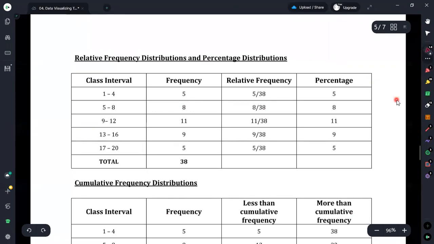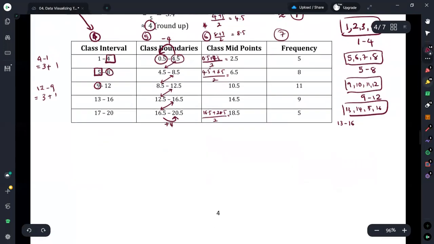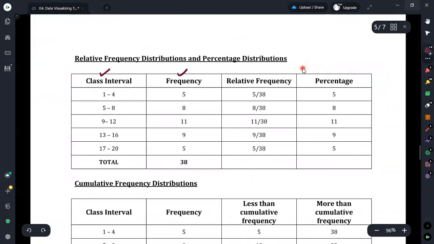Up to obtaining the class intervals and the frequencies, it will be the same as previous. You need to follow the procedures that we have discussed. Once you have finalized the table with the class intervals along with the frequencies, then you can go for this extension for the grouped data distribution.